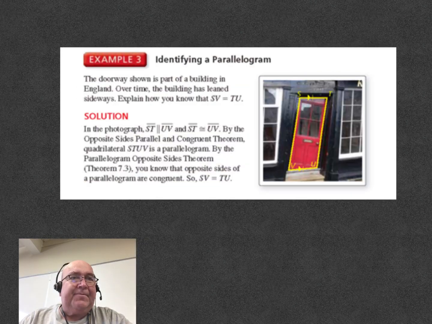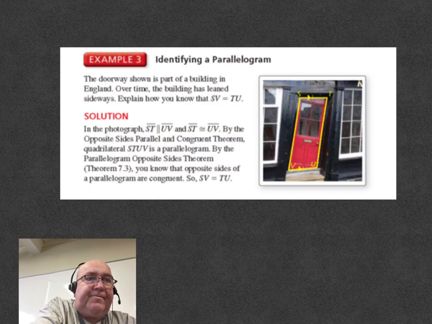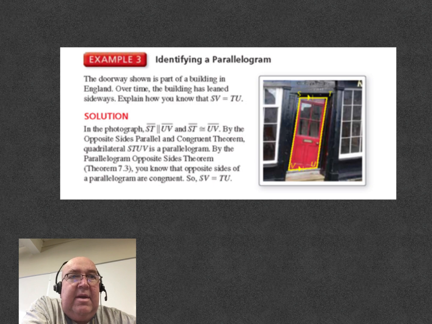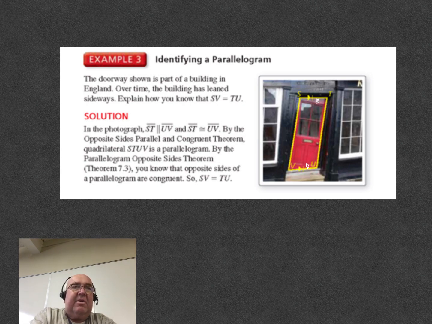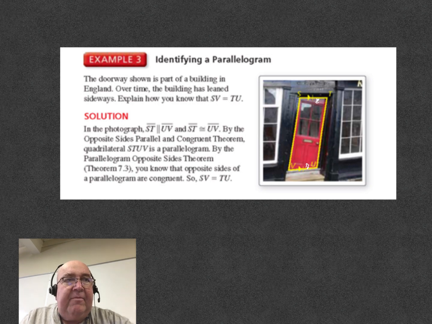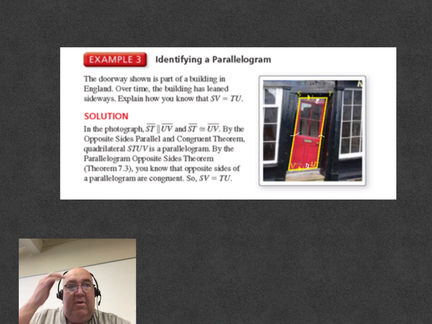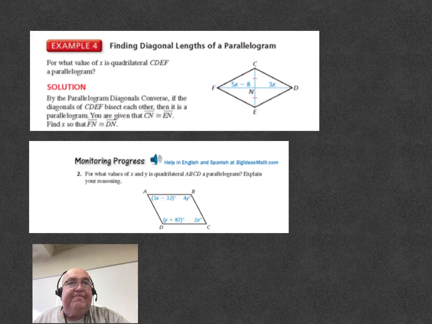So here you see that we have a parallel line and same distance for VU at the bottom and ST at the top. They're both making that a parallelogram, so SV and TU have to be congruent and parallel as well.